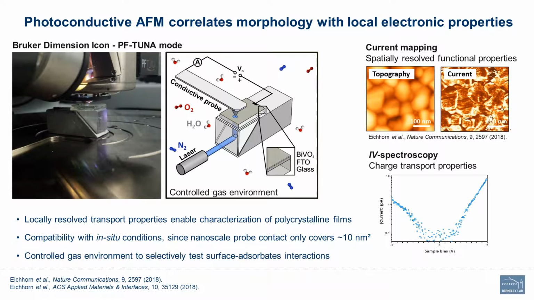Furthermore, it has the advantage that we can locally record IV measurements, which is especially important for polycrystalline films like BiVO4. In the following, I will first show that we use current mapping to resolve spatial correlation between the topography and the photoconductivity. And in the second part, I will focus on charge transport measurements by IV spectroscopy.